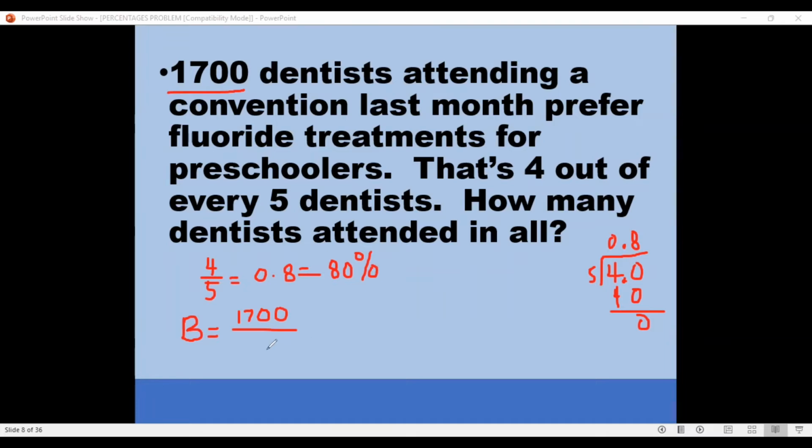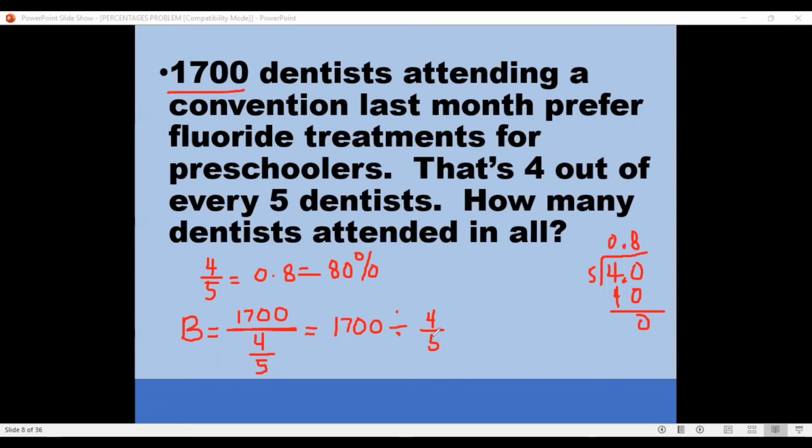Any of these is possible, but I will just use 4 over 5 because it is simpler. The fraction bar is considered as division, so 1,700 divided by 4 over 5.